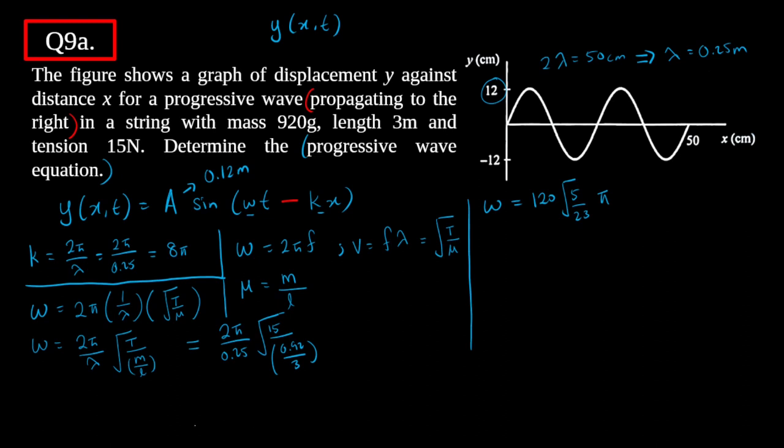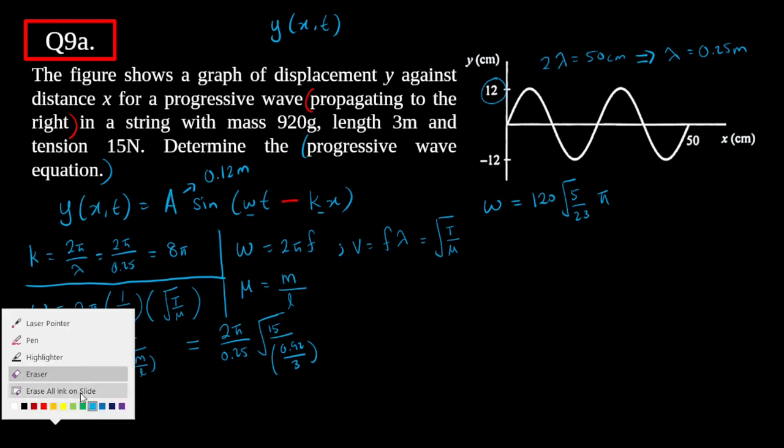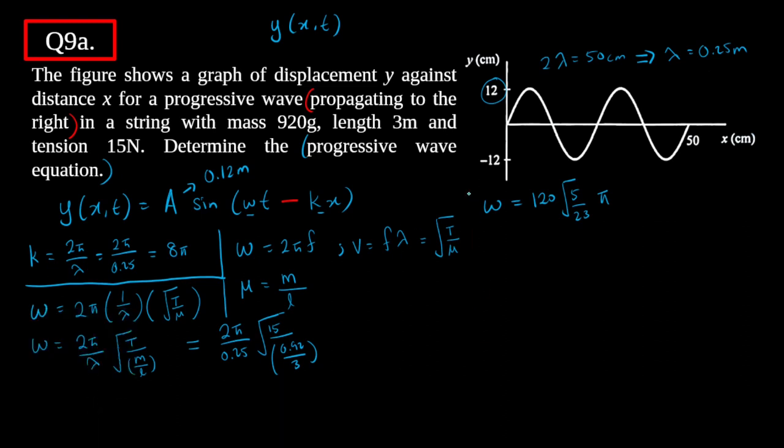Now what I want to do is include the values of omega and k in our progressive wave equation.